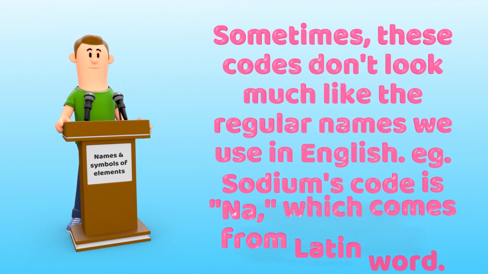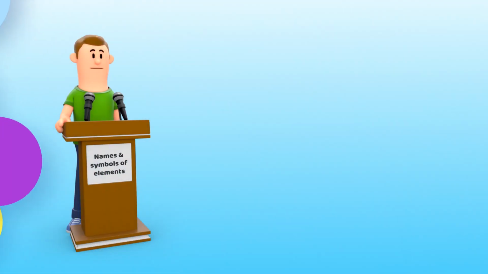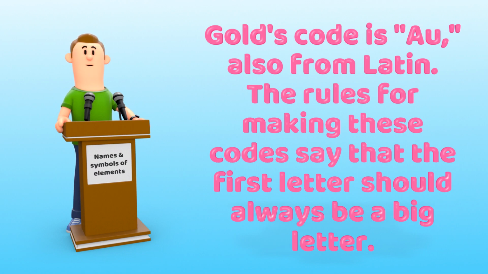Sometimes you might find that these codes don't look much like the regular names we use in English. For example, sodium's code is Na, coming from Latin. Also, the code for gold is Au, also coming from Latin.